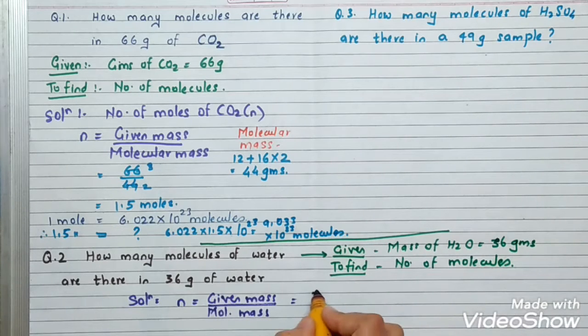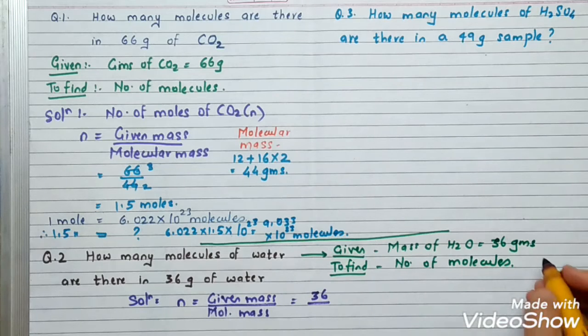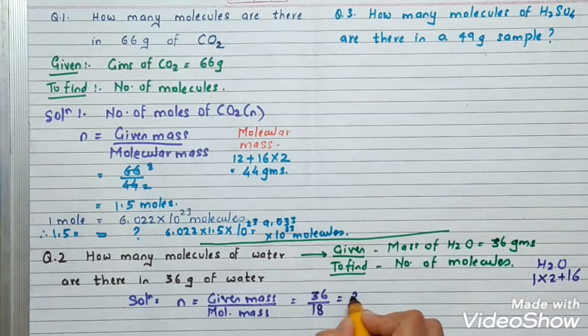What is the given mass? 36. What is the molecular mass of water? How will you find it? H2O: atomic mass of hydrogen into 2 plus 16, this is 18 grams. So 36 upon 18 is 2 moles.